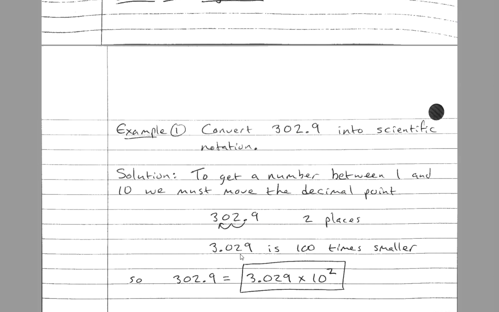So to counteract that, to have something equal to 302.9, it's this new decimal times 100, times 10 to the power 2. All right, so moving the decimal point 2 places made it 100 times smaller. So to balance that, we have to multiply by 100 to keep it equal.